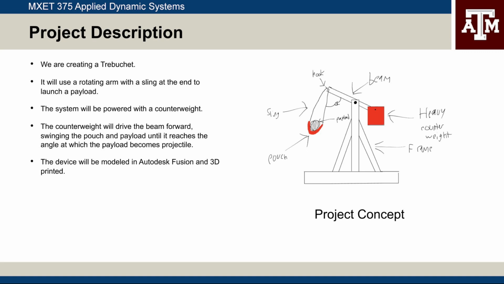Since the mass is our input for this system, a fixed amount of increment can be used to change how much mass the trebuchet will experience, therefore changing each output distance the payload is flung by the trebuchet itself.